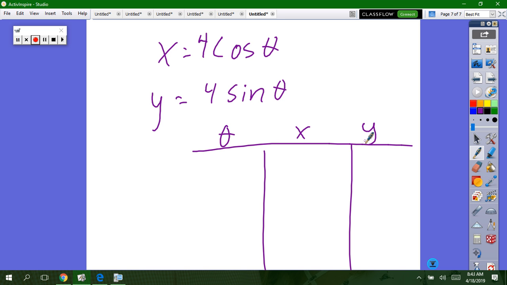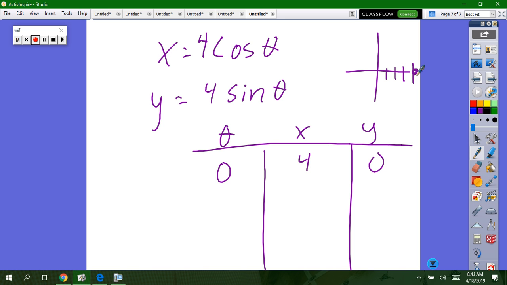I like 0. Cosine of 0 is 1. 1 times 4 is 4. Plug in 0 for theta. Sine of 0. 0. 0 times 4. So far we're at 1, 2, 3, 4.